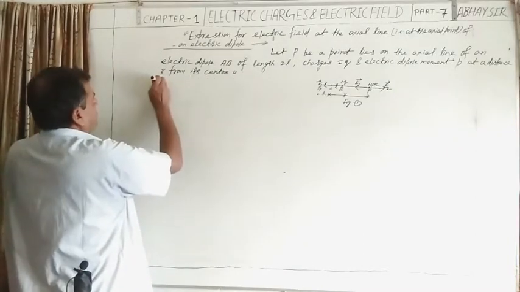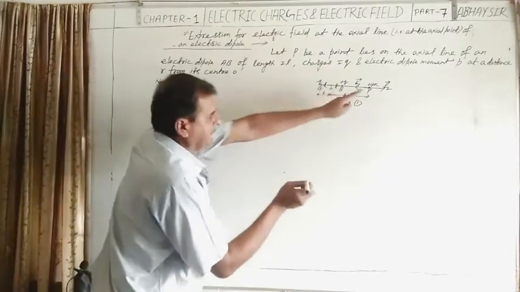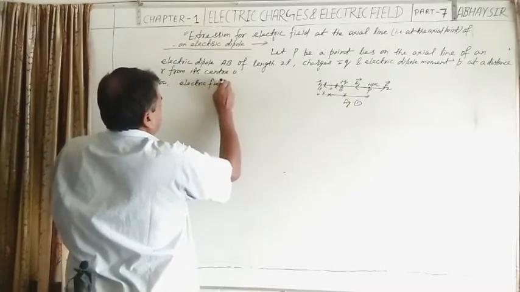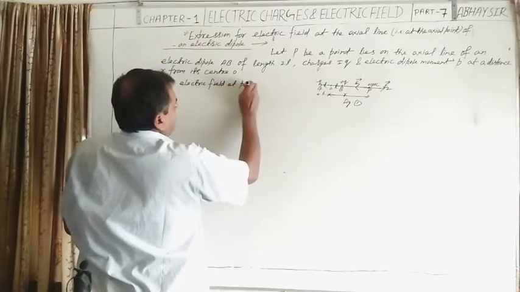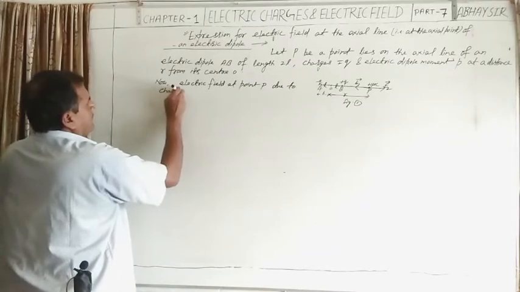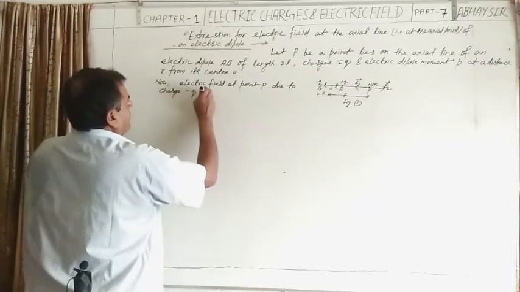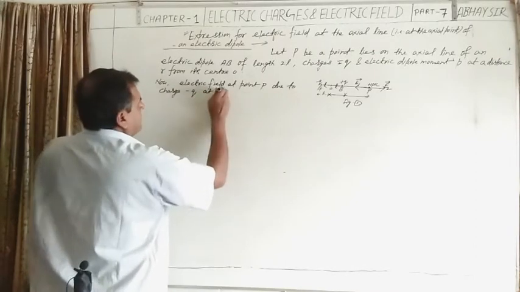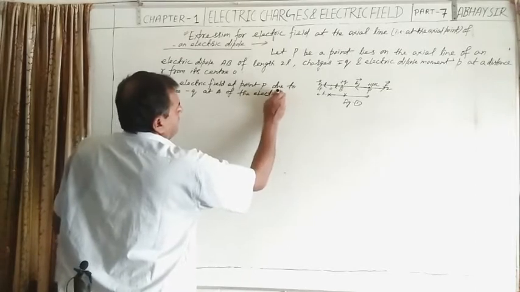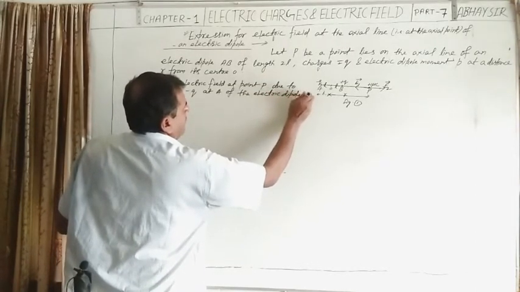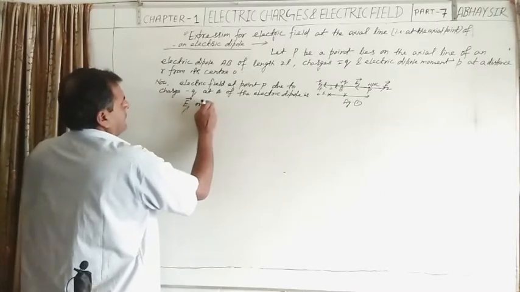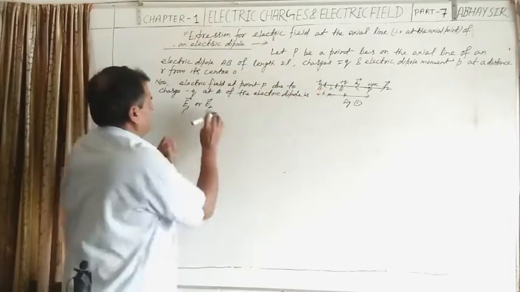Now, electric field at axial point P due to charge minus Q at point A of the electric dipole is E1 vector, or EA vector, or E vector minus.